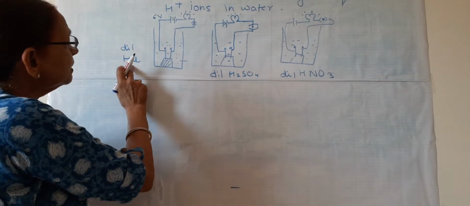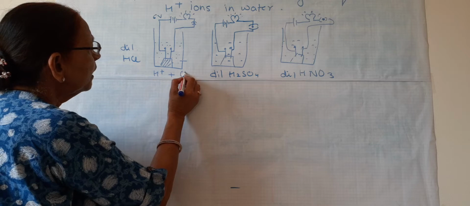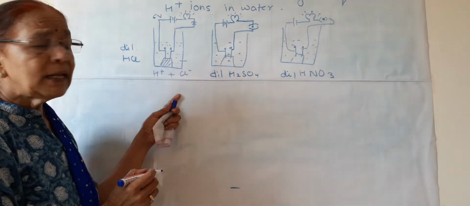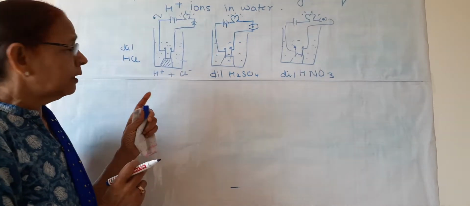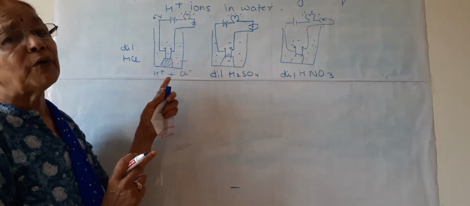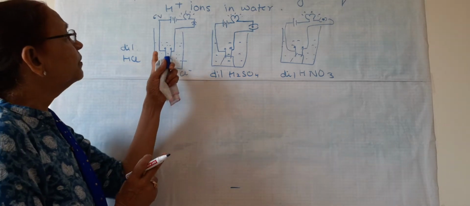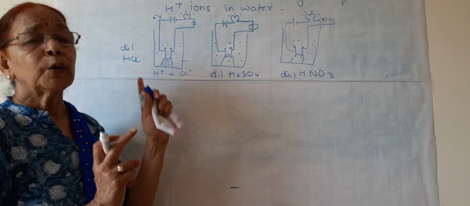How? Because this HCl will be dissociated into H ions and Cl ions in the aqueous solution, and these ions are responsible for conducting the electricity. When electricity is conducted, this bulb will glow.